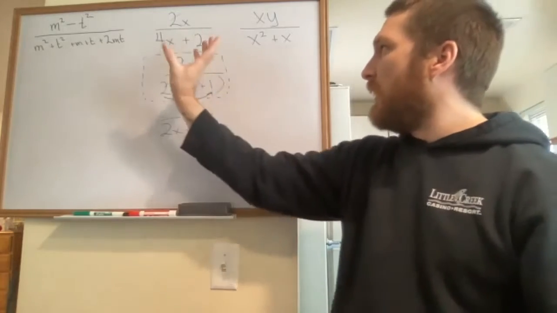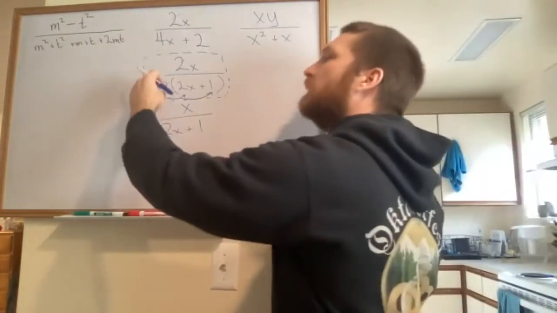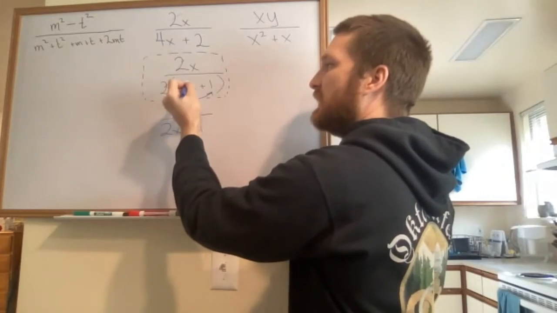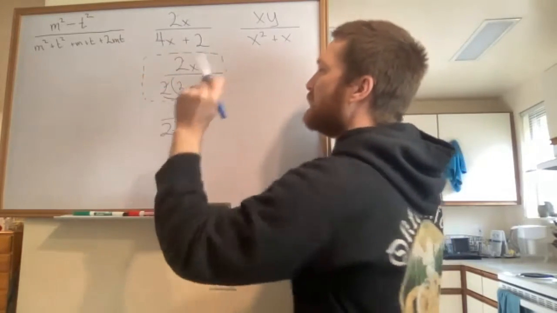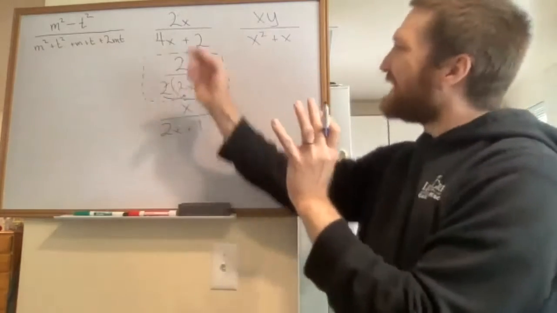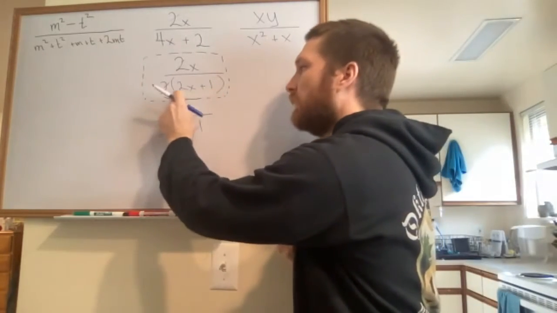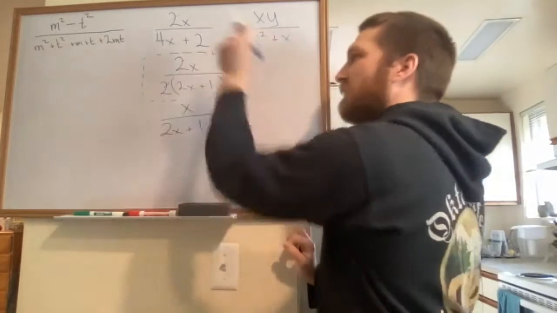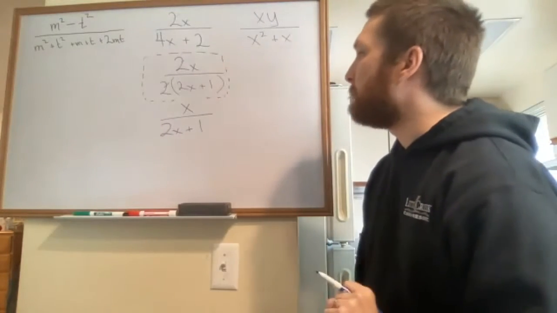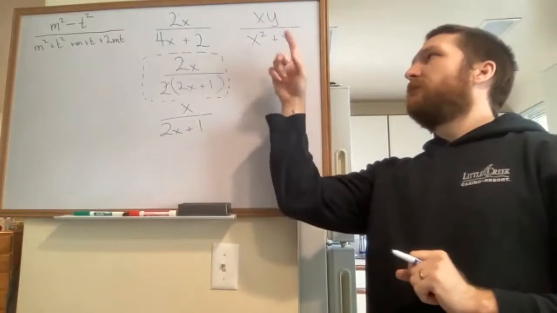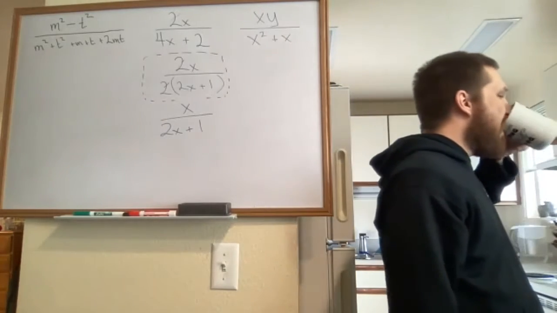I pull out a 2 and ask, did I write this correctly? If the 2 hits that, I get a 4x. The 2 hits the 1, I get 2 times 1 is 2. So that is the same thing as that. Okay, I feel good. So long story short, we have to factor something out of the bottom and then we get that. Okay, next question. Is that reduced? Yes.